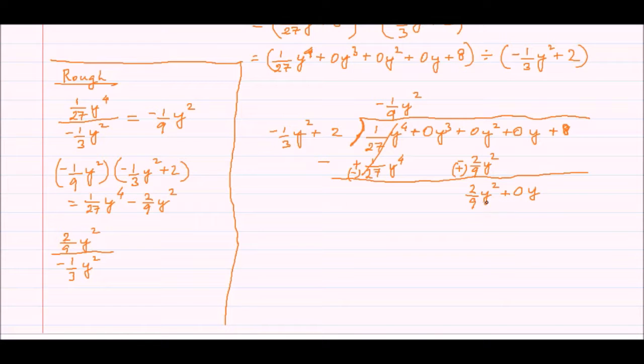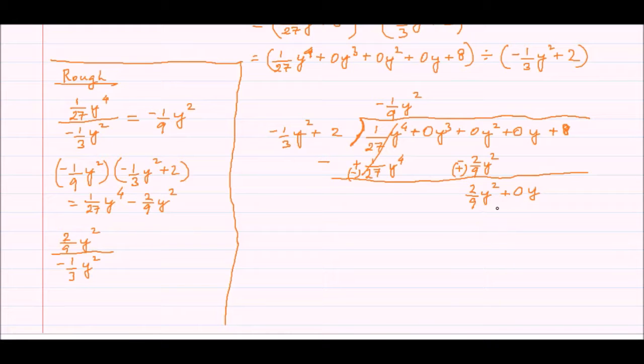So the remainder is not equal to 0, and the degree of this polynomial is 2. The highest power of y in this polynomial is 2, as well as the highest power of this divisor is 2. That is, the degree of the divisor is 2. So the degree of this remainder is not less than that of the divisor. So we have to continue our division.